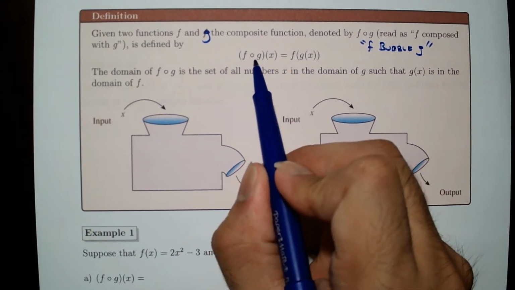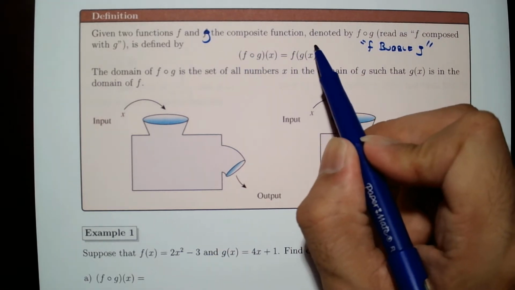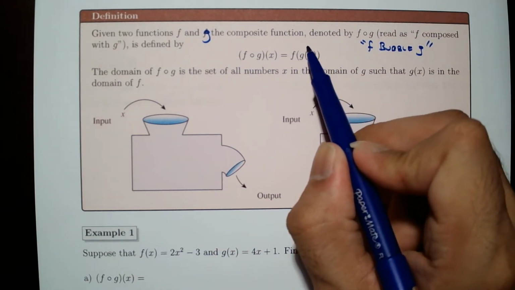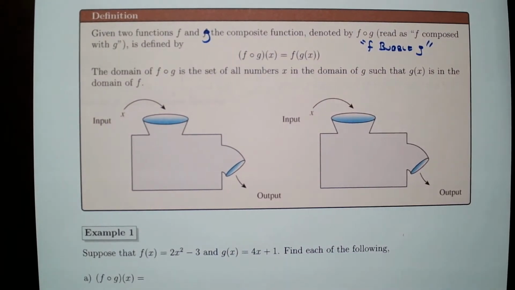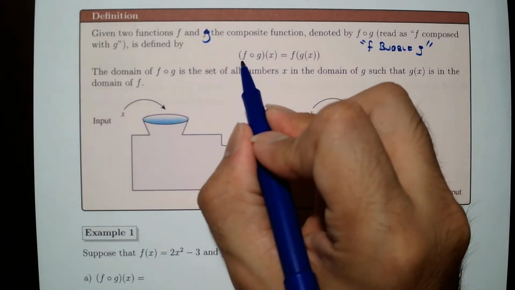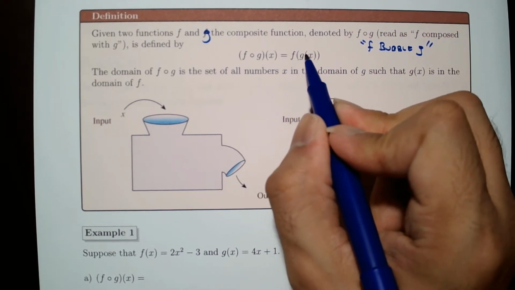So f circle g: we have the function f and we substitute another function g. Notice how this goes in order. The first function that we write is the one that goes outside.